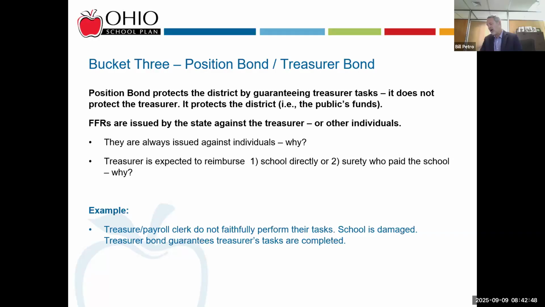And if they're not done properly, public funds are at risk. You mentioned findings for recovery issued by the state against the treasurer or others. They're always issued against individuals.